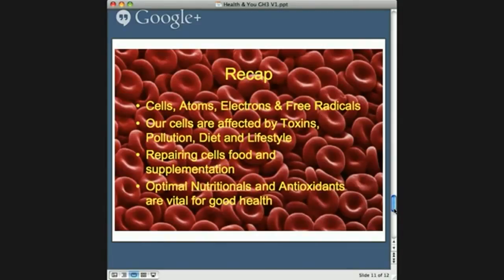Optimal nutrition and antioxidants are important for good health of our cells and of each of the atoms. Free radicals are called free because they drift around until they can steal an electron from another molecule. And they're radical because there are lots of them.